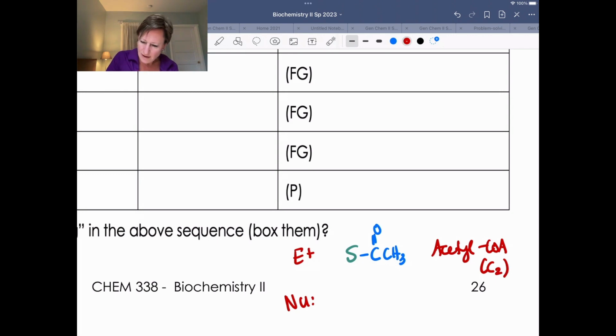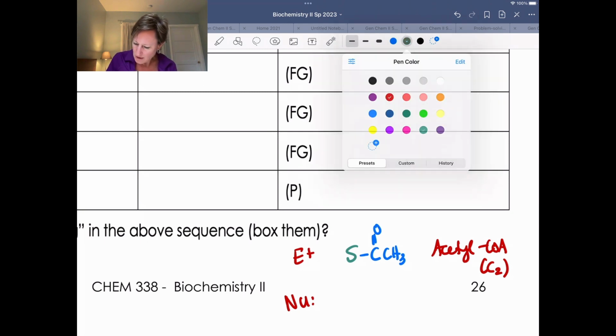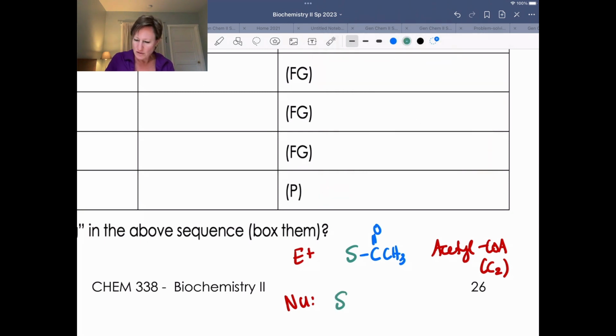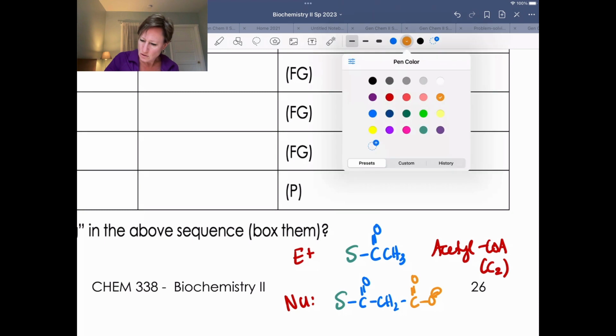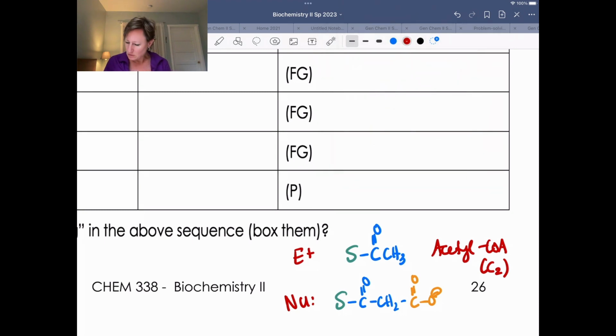And then our nucleophile is going to be malonyl-CoA. So again, sulfur there, and then we're going to have this guy. I'm going to put this carboxylate group in a different color here, because this is what's going to come off as CO2 when we generate malonyl-CoA.